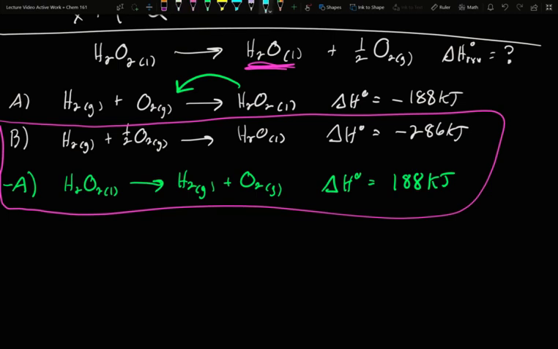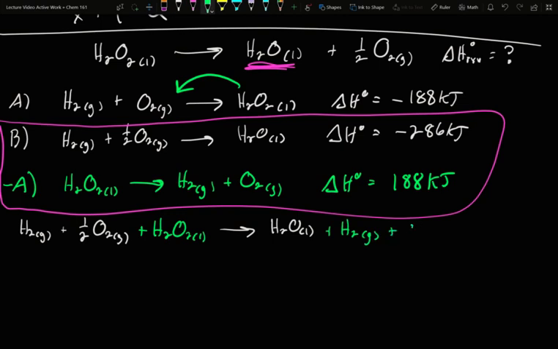Well, in this case, if we want to add them up, we will get an H2 gas, we will get half O2 gas from B, and we will also get H2O2 liquid from the reversed A. We then have our arrow, and we add up everything over on the right side. Well, B gives us water. Reversed A gives us H2 gas and O2 gas.